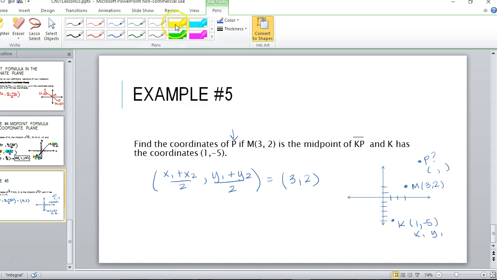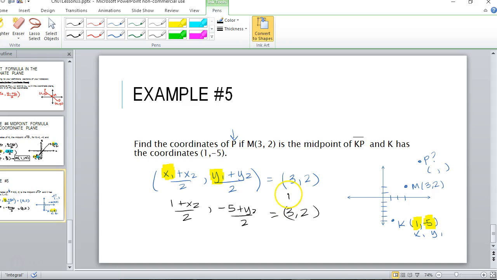So that makes (1 plus x2) over 2 and (-5 plus y2) over 2 equals (3, 2).